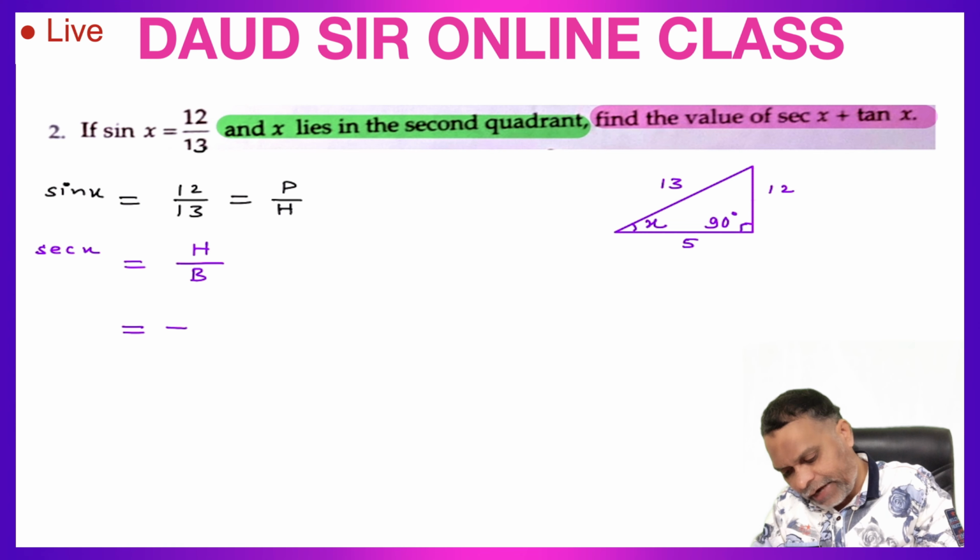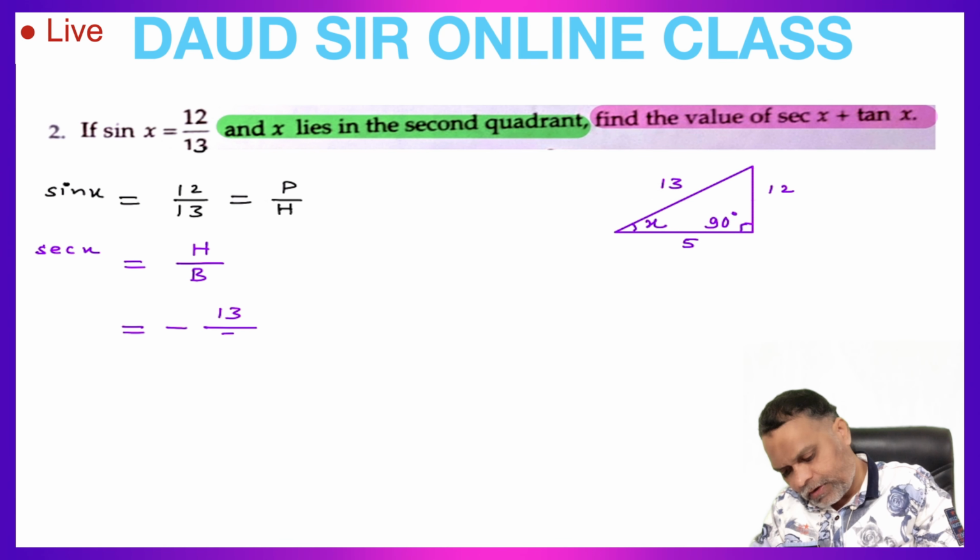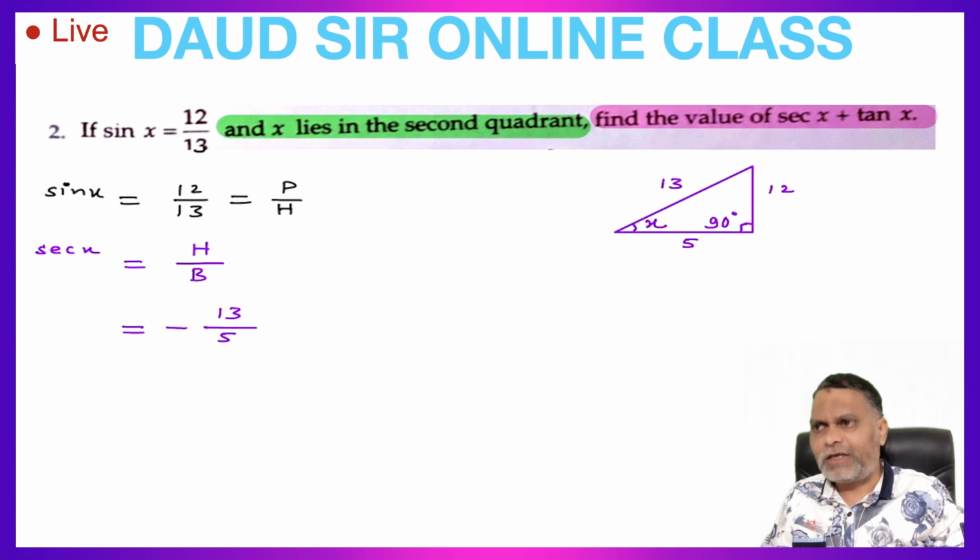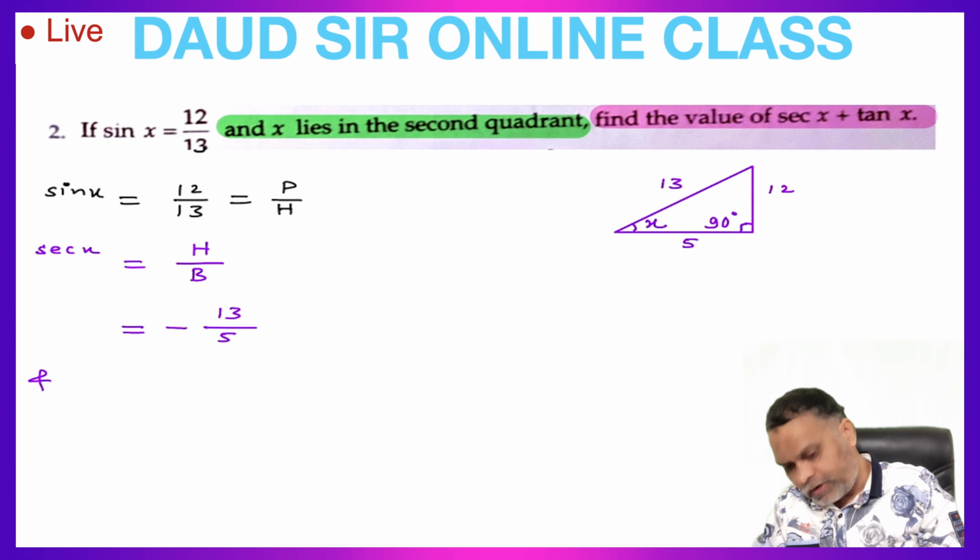So take the minus sign. Hypotenuse 13 and base 5, so 13 upon 5. The value of sec x is minus 13 upon 5, and the value of tan x.